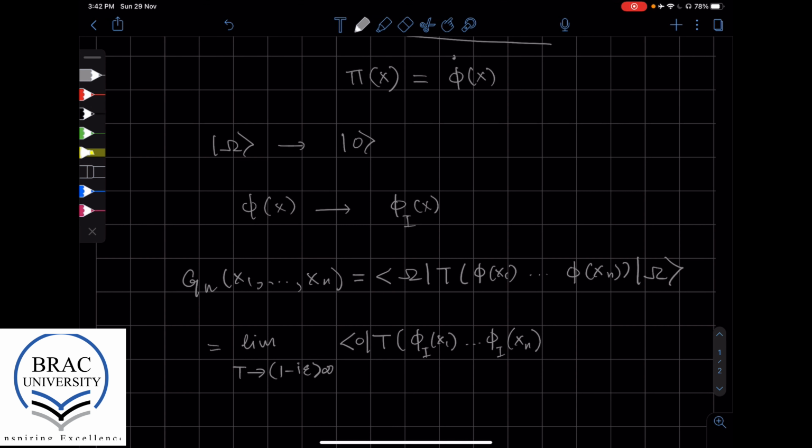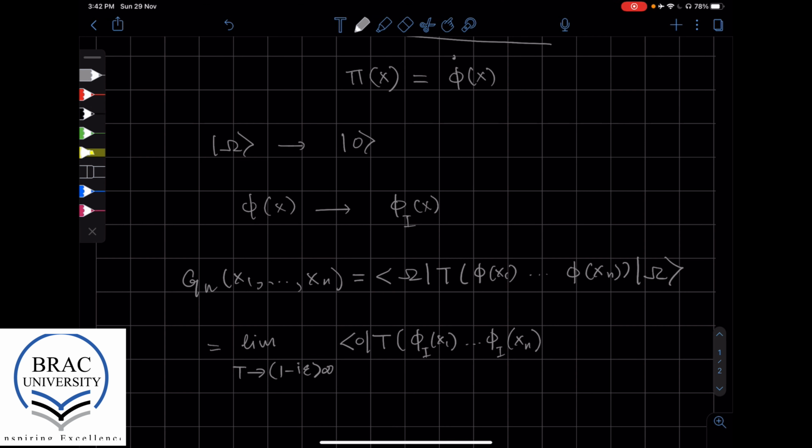So the Dyson series will look like this, going from minus t to plus t, with dt of H_I of t. So this is the numerator. And in the denominator, we will just get the time evolution operator.